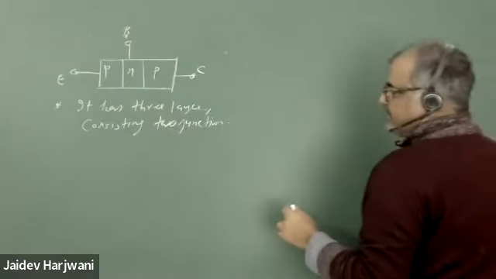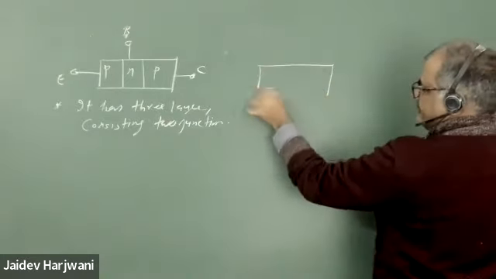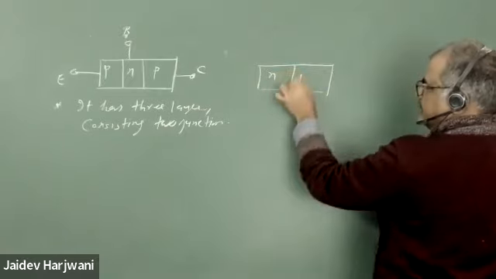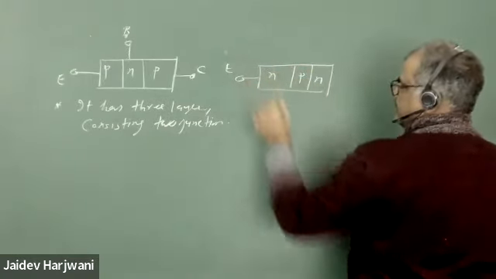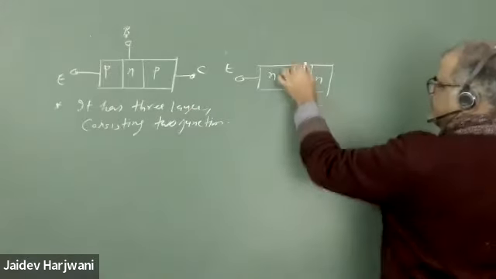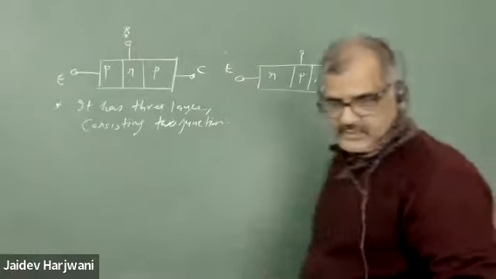We can have either a PNP transistor or an NPN transistor. The emitter injects the charge carriers, the other is your base, and this is your collector.